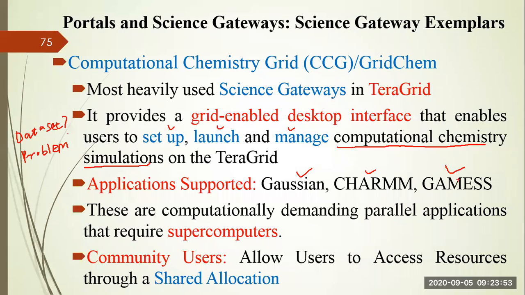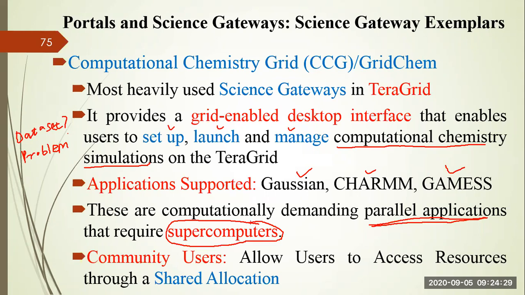For example, if you are working on a project like a machine learning application, which requires a lot of computational resources or a lot of storage resources, you can take the help of the TeraGrid, or other related environments, so that you can run your machine learning applications. That's why it says these are computationally demanding parallel applications. You can execute multiple works in parallel that require a supercomputer, so you can achieve supercomputer power by using these gateways.